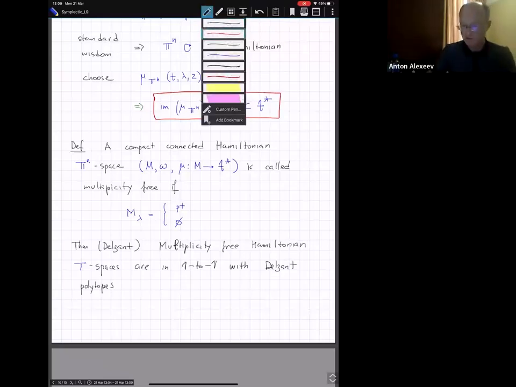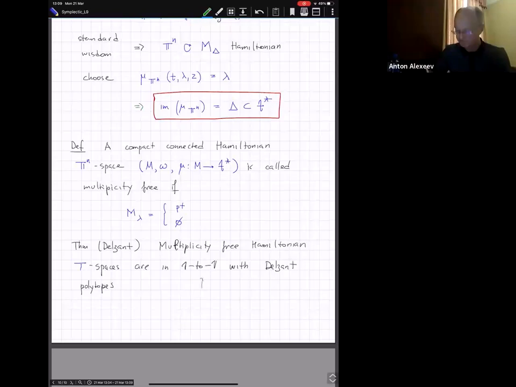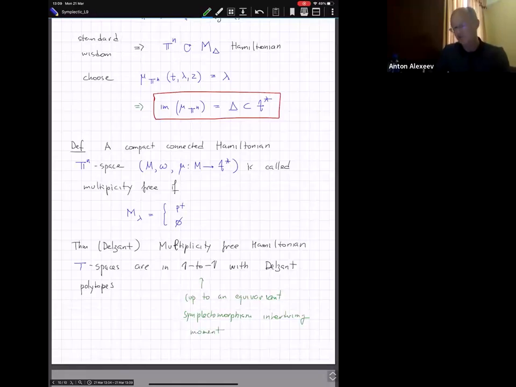And maybe here one-to-one, just the last words, up to an equivariant symplectomorphism intertwining moment maps, which is a natural isomorphism in the category of Hamiltonian T spaces. Right. So this is a very famous result.